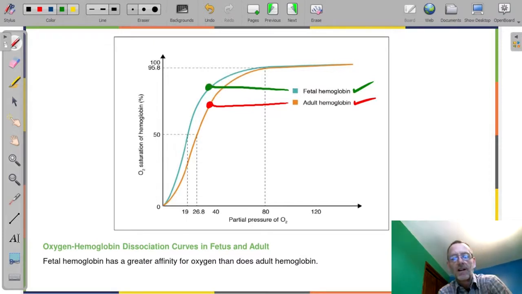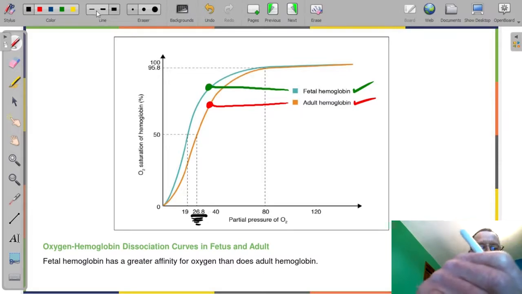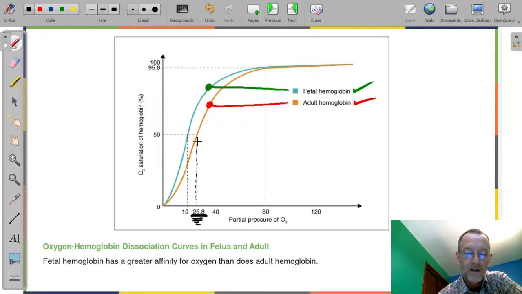So which one has a higher affinity for oxygen? Well, we could just take what they started with. Start at, let's say, 26.8. Doesn't matter. And you just read up. They've done it one way. You can do it another way. This is how I kind of prefer to do it.